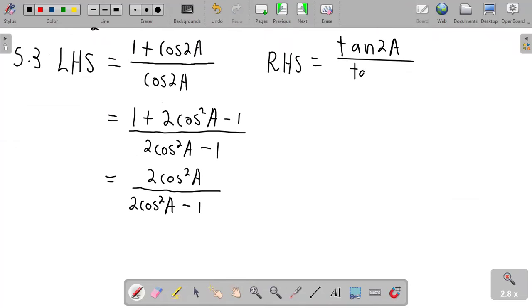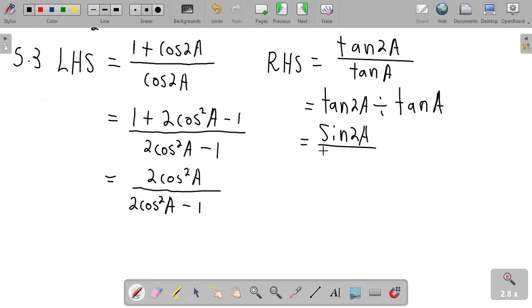So this is equal to tan 2a divided by tan a. This is the same as sine 2a all over cos 2a, divided by sine a over cos a.